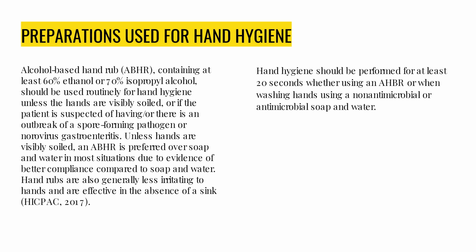You should use an antibacterial soap and water, just to make sure that we're washing off any contaminants. And again, hand hygiene should be performed for at least 20 seconds, whether using an ABHR or when washing hands using a non-antimicrobial soap.